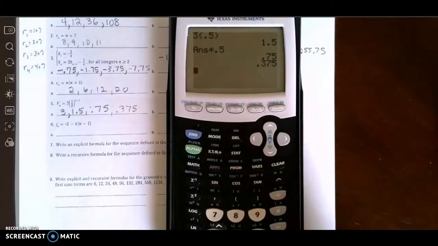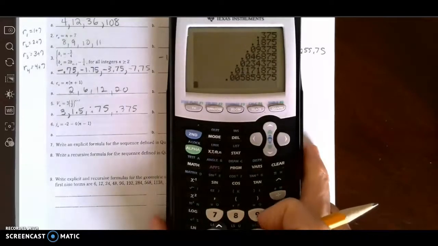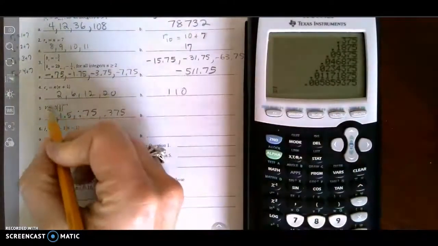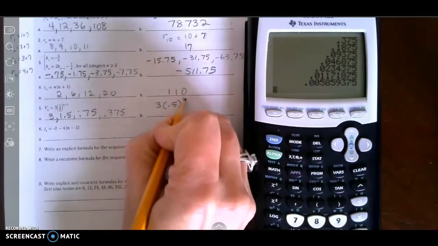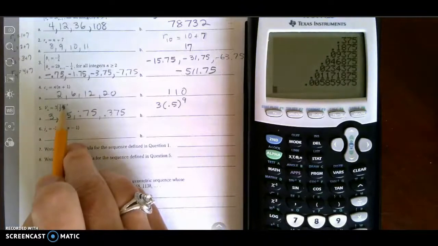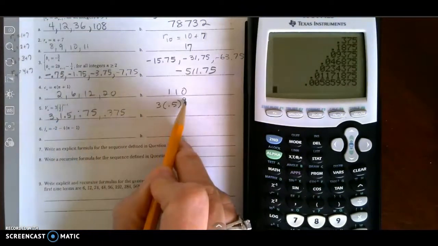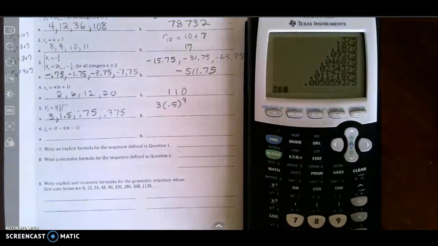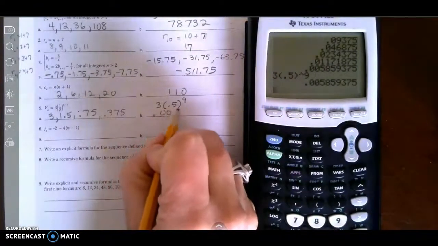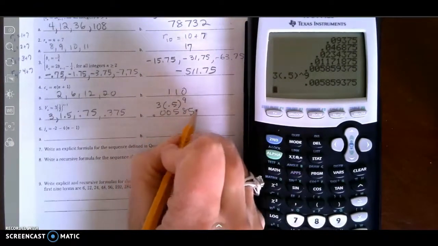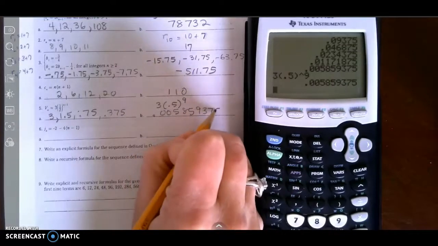Now I could keep going till I got to the 10th term. That's 4, 5, 6, 7, 8, 9, 10. Or I can use the formula 3 times a half to the 9th power, because the 10th term would be 10 minus 1, which is 9. 3 times 0.5 to the 9th. And either way, I get 0.005859375.